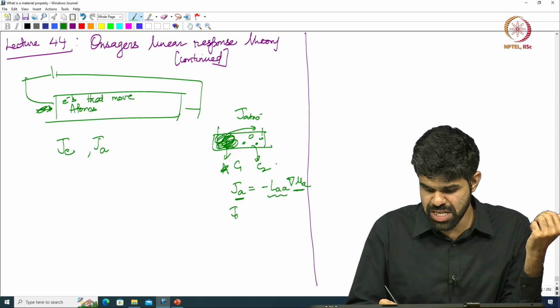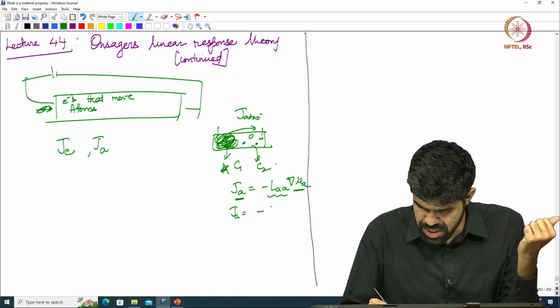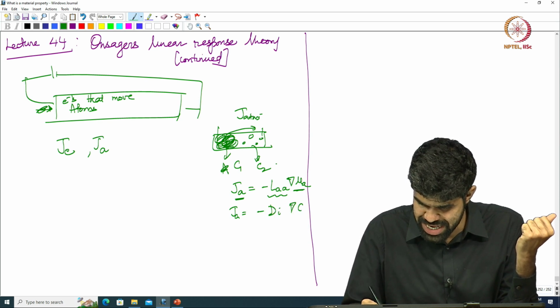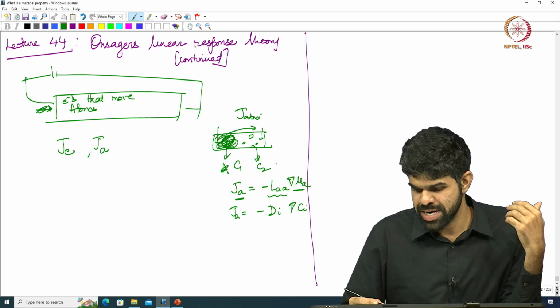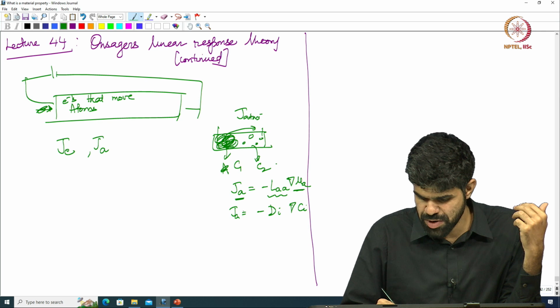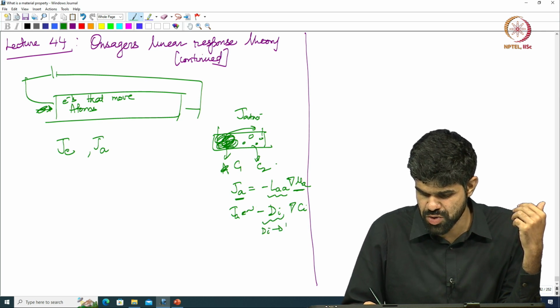You can see that this will be related to D_i times the gradient of C_i. The mu's are related to C's, and so this will be related to this sort of equation where D_i is nothing but the diffusion coefficient.